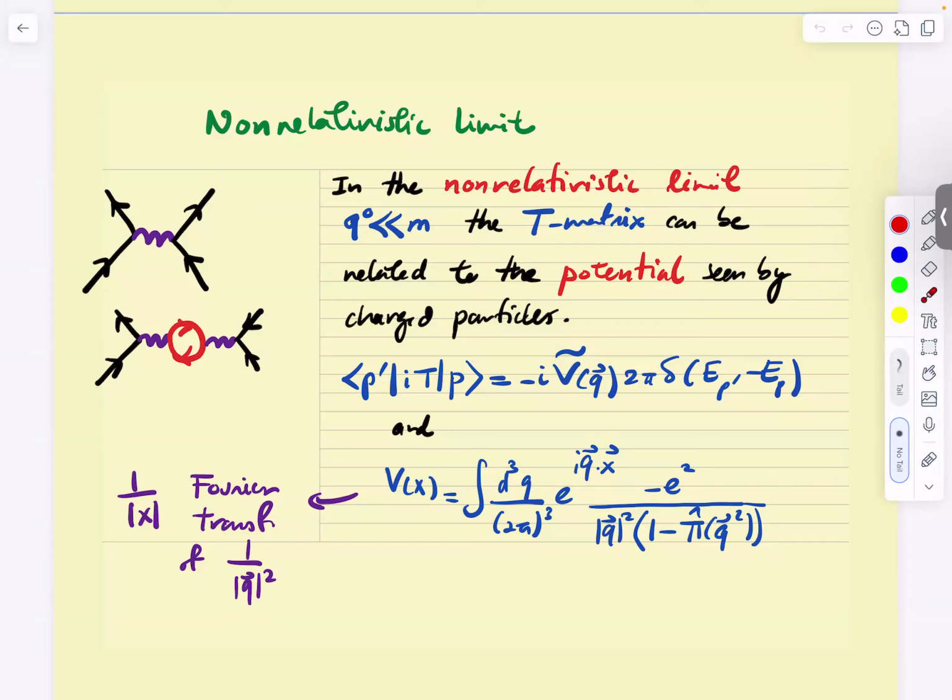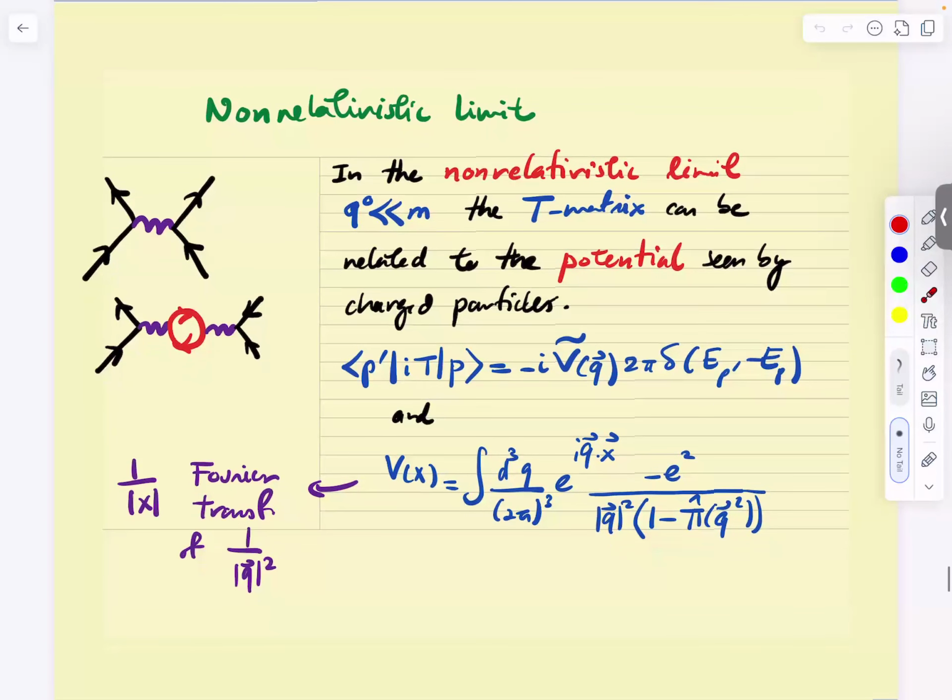There's a nice interpretation of it. Because it's 1 over x, if you Fourier transform it, you're going to find this expression.